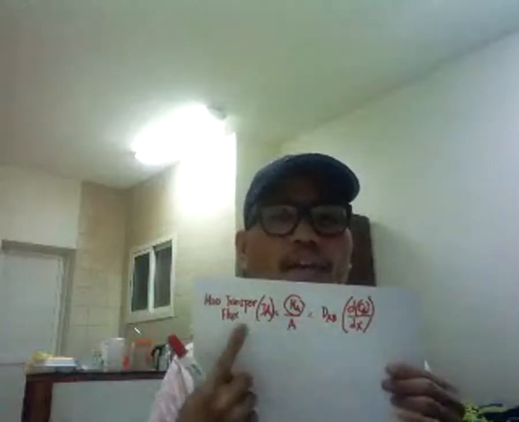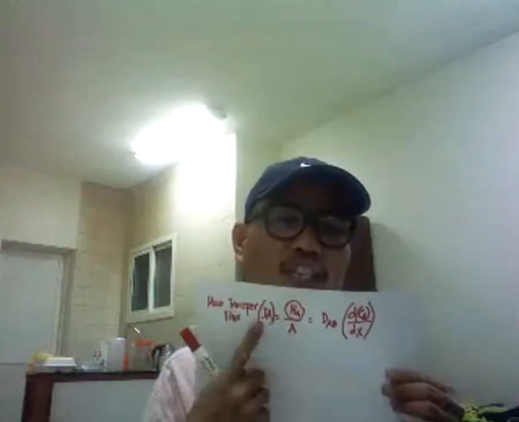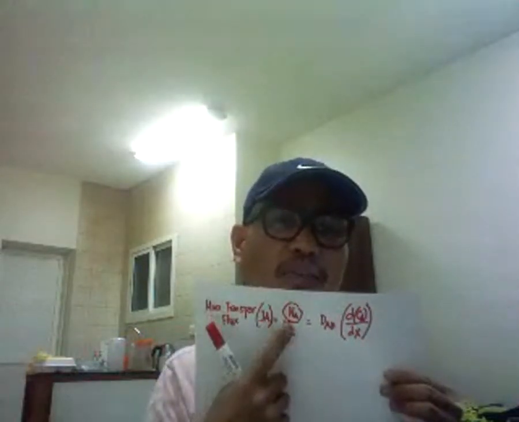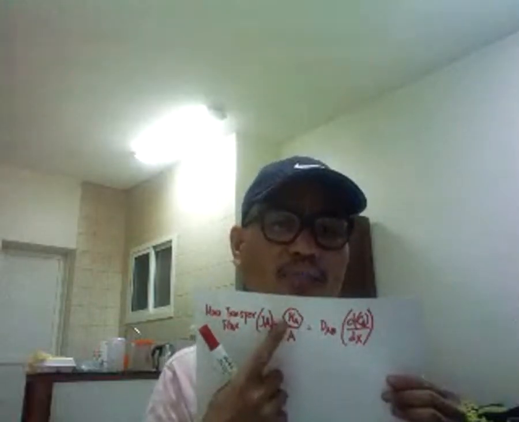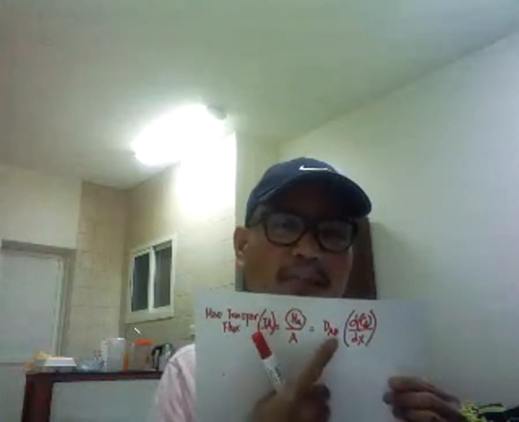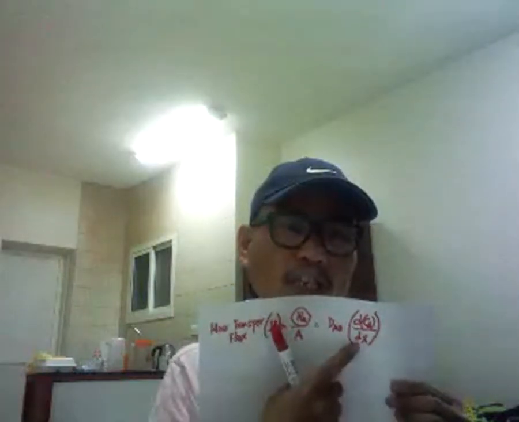The mass transfer flux or the mass flux denoted as GA is equal to NA over A. This NA is the rate of mass transfer. And this diffusivity is the mass diffusivity, times dCA over dx, horizontal position x, and this is the y supposedly.